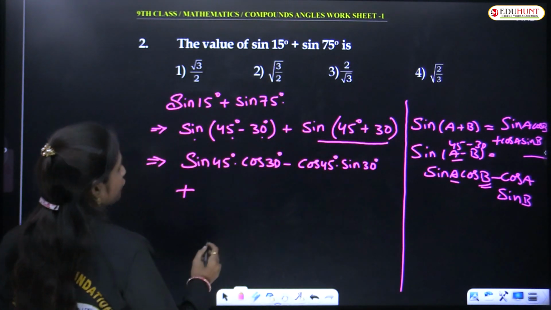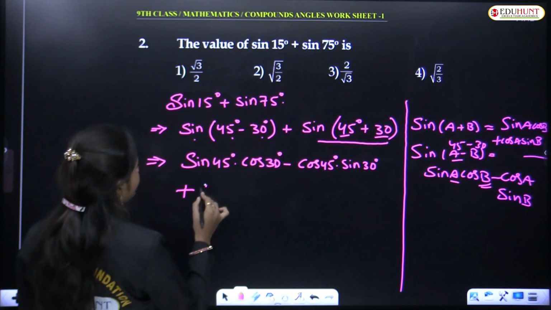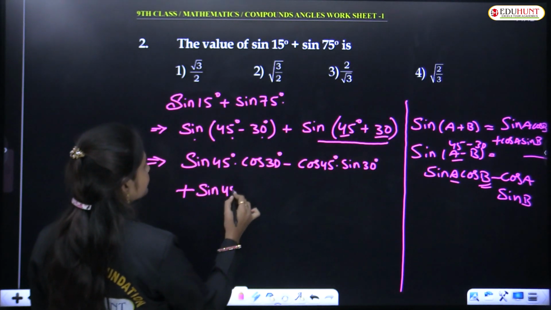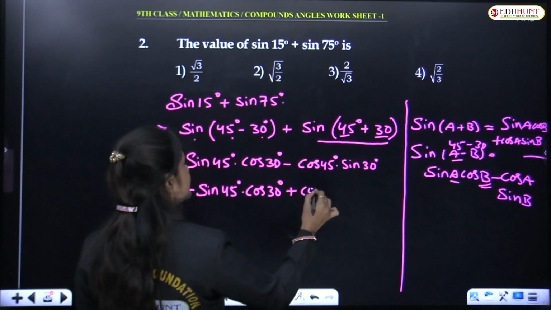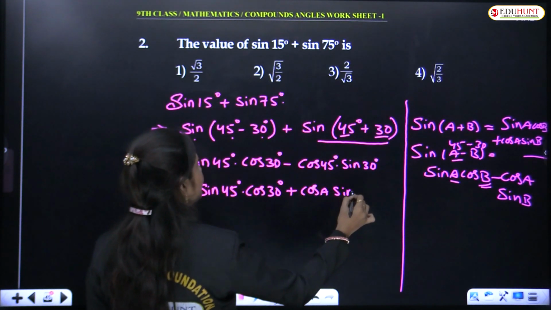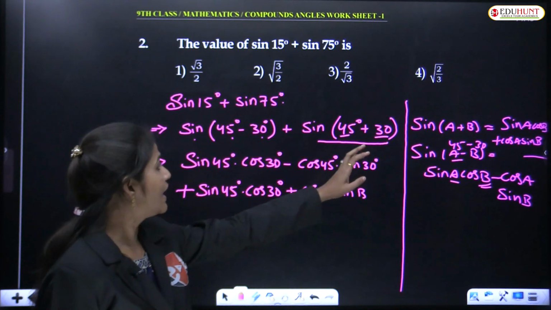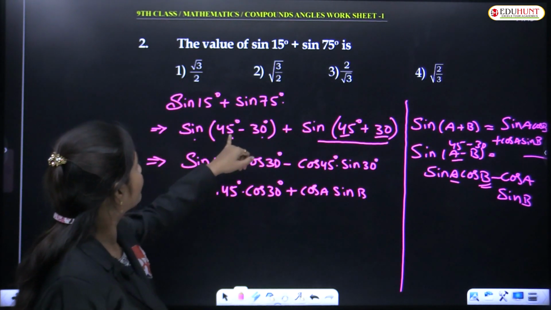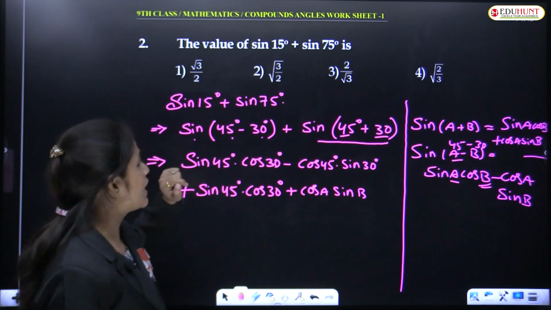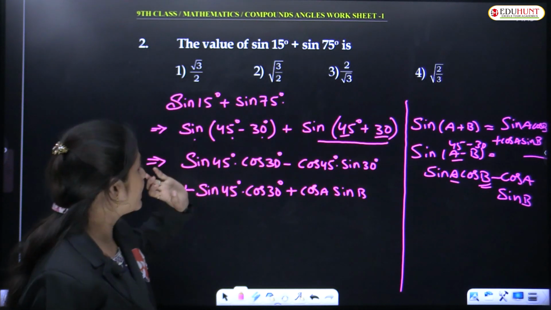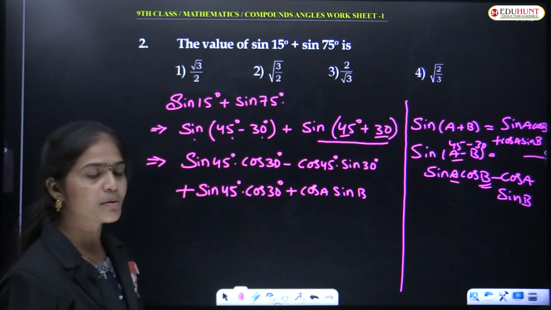Okay, so by using that formula, again in the place of A we have 45, in the place of B 30. So sin A cos B plus cos A sin B. Or else directly this formula we know, right? The eighth formula, what is that? Sin of A minus B plus sin of A plus B. So the sum of those two, sin of A plus B and sin of A minus B, you can also directly use here, or else you can simplify like this.